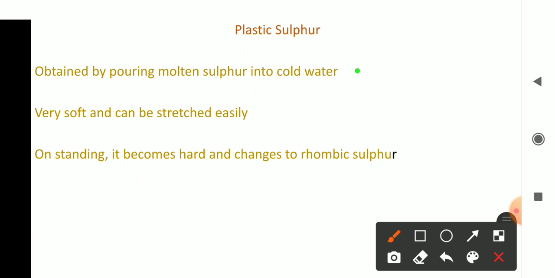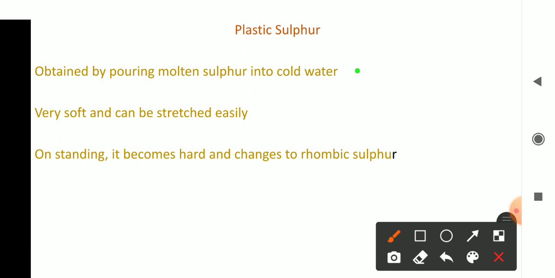When sulfur is melted and poured into cold water, we get plastic sulfur, and its appearance is yellow, like a rubbery ribbon. So when molten sulfur is poured into cold water, a yellow rubbery ribbon of plastic sulfur is produced. This is the method of producing gamma sulfur from ordinary sulfur.